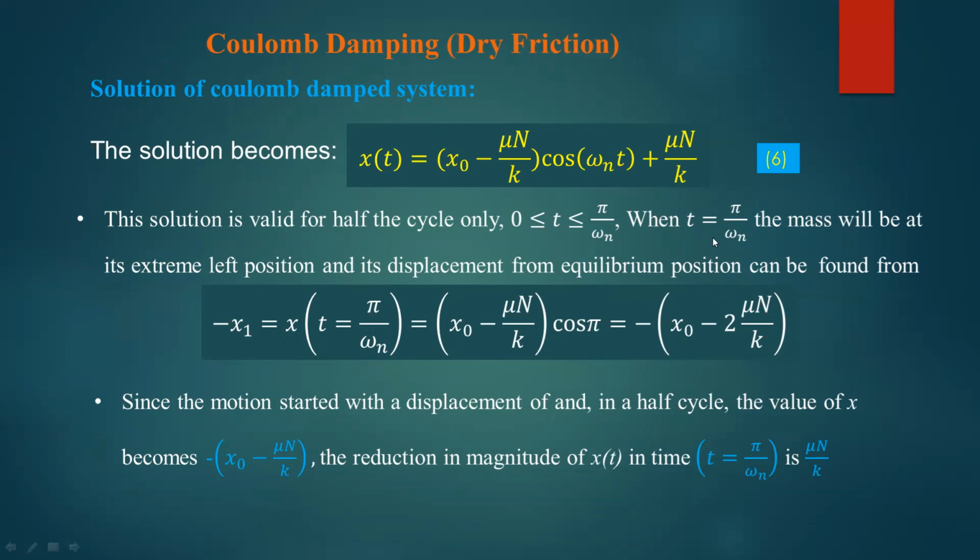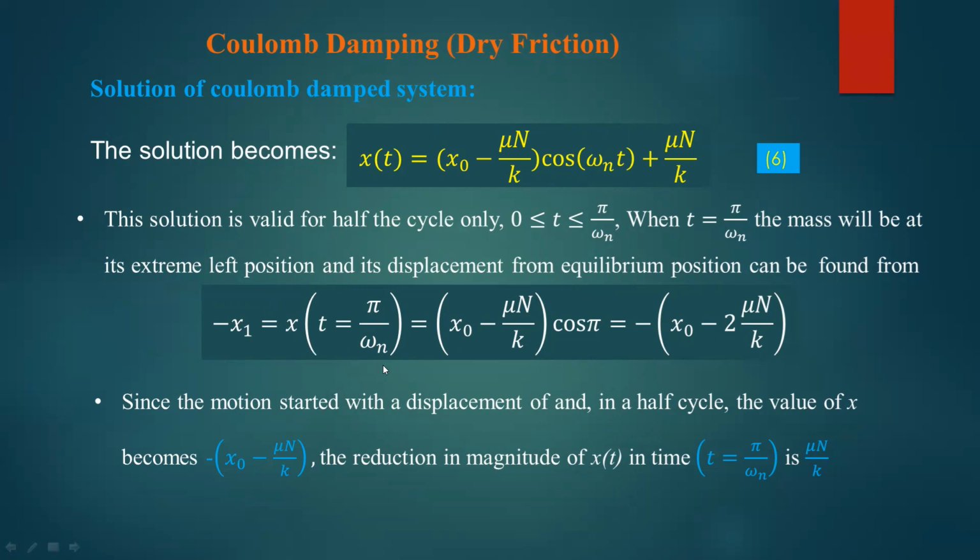The mass is displaced from its equilibrium position to the extreme left position, and its displacement from the equilibrium position can be found as minus of x1. It goes minus x1, plus x1, like that. So minus of x1 is equal to x of t at t equal to pi over omega n.